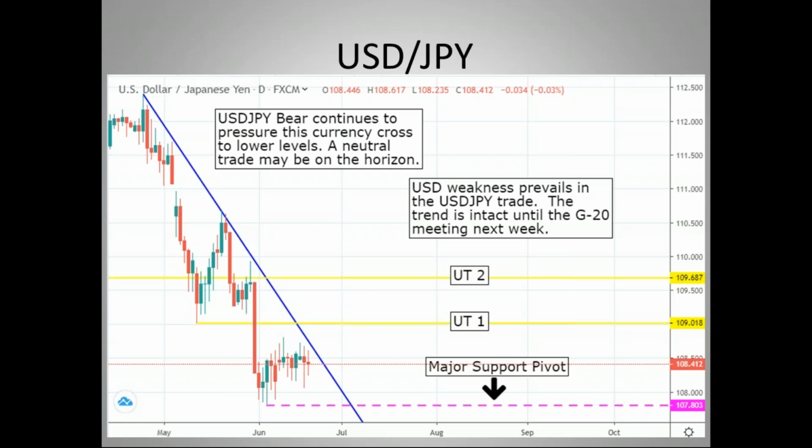But that doesn't mean that it's going to go up to that first upside target or even that second upside target. Those are bullish targets if the market does start to gravitate, and if US dollar strength continues in the US dollar index. That's where I could see that the US dollar yen could get back up to that 109.018 level, or that 109.687 area.